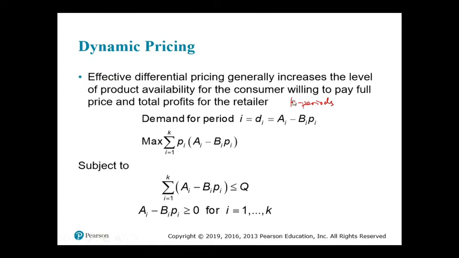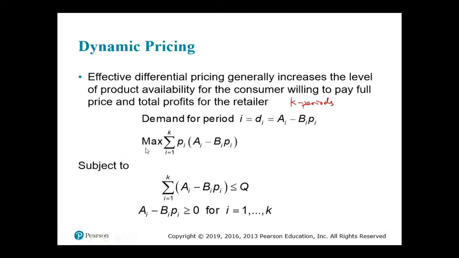And based on the given period, the arriving customers may have different characteristics and different price sensitivities. So then we can again characterize the demand for a given period i as a linear function decreasing in the price of the period. And the idea is we're going to charge different prices based on what time period it is.